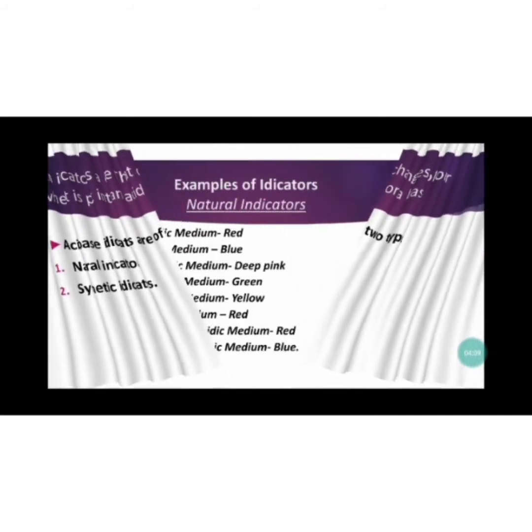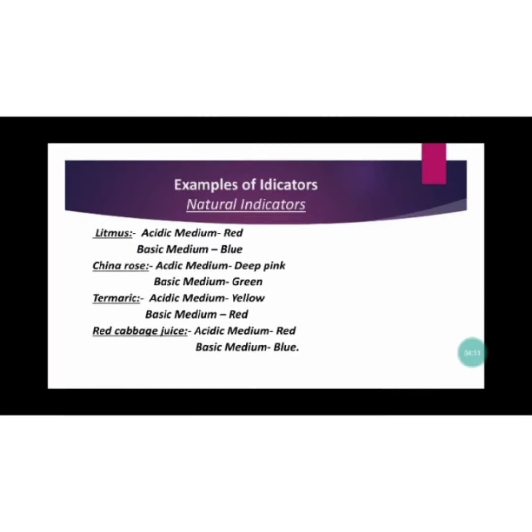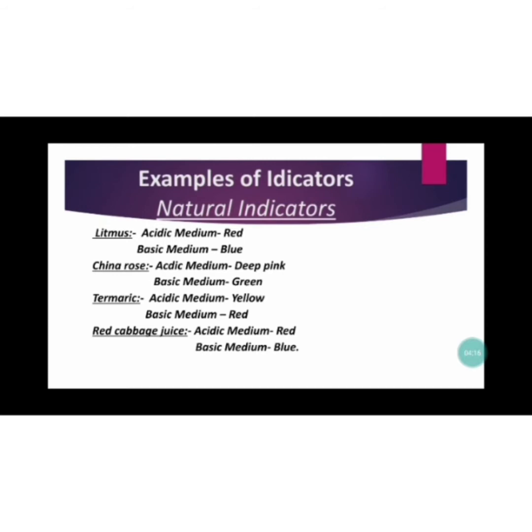Now, examples of indicators. Natural indicators. First, litmus paper or litmus. Litmus is a natural indicator which is extracted from lichen plant.